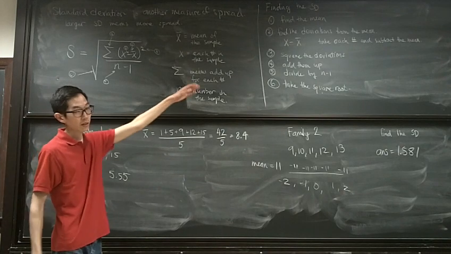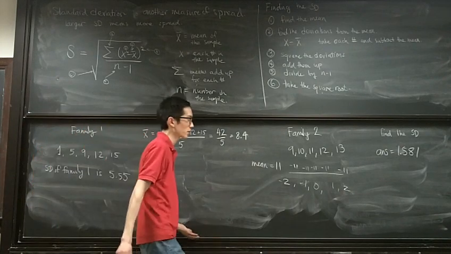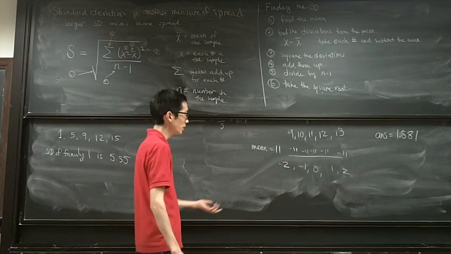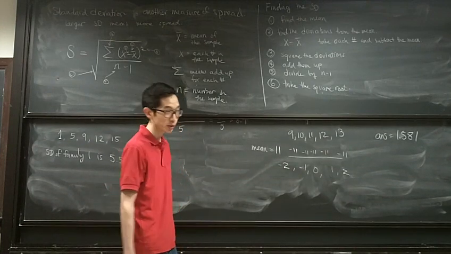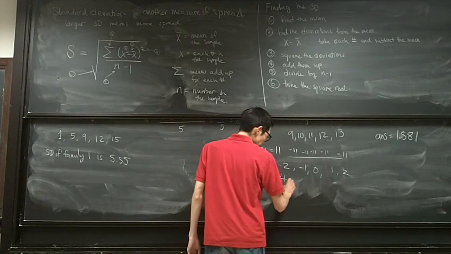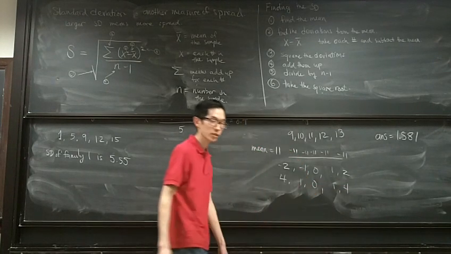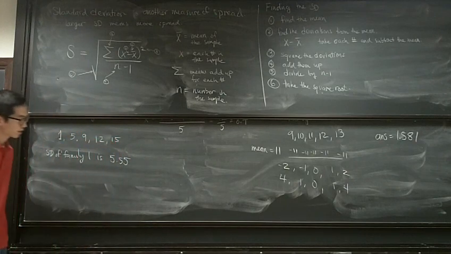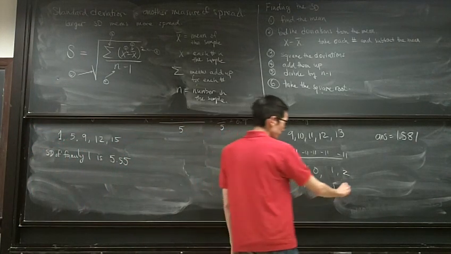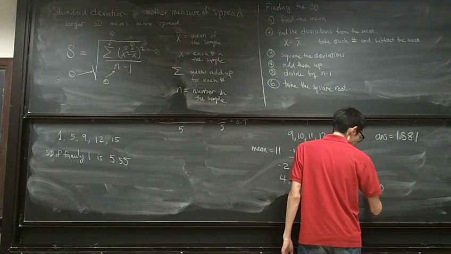Then what? I square those numbers. So what happens when I square those numbers? 4, 1, 0, 1, 4. Good? Great. Add them up. What do we get? 10. If I add them up, I get 10.